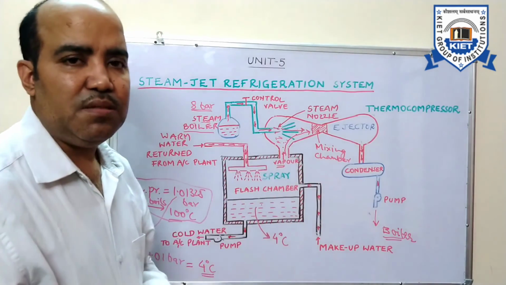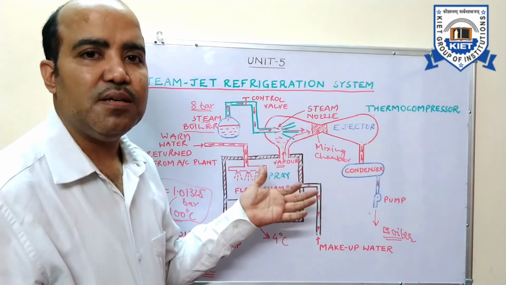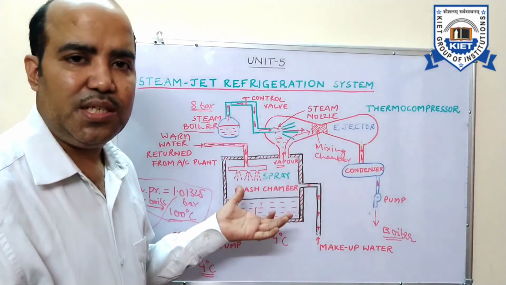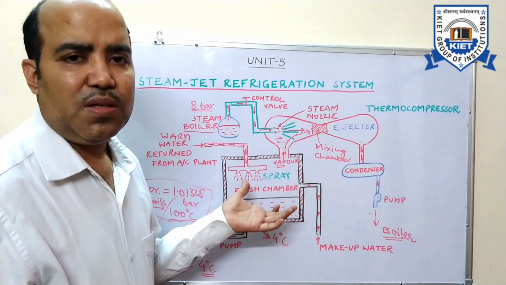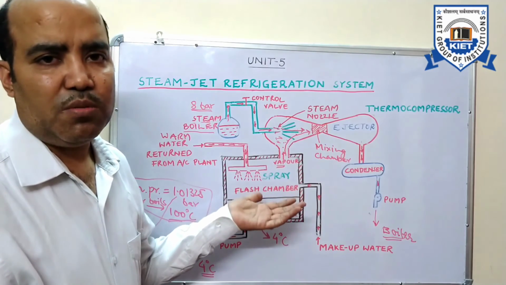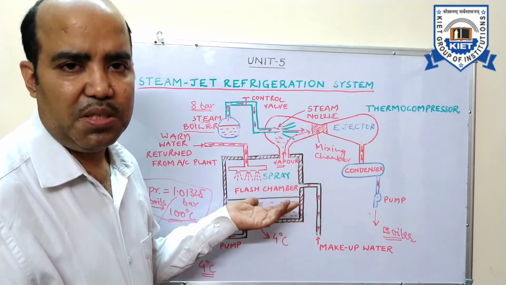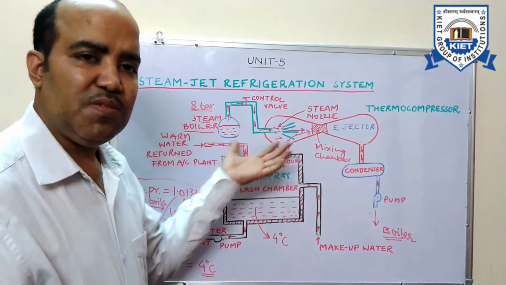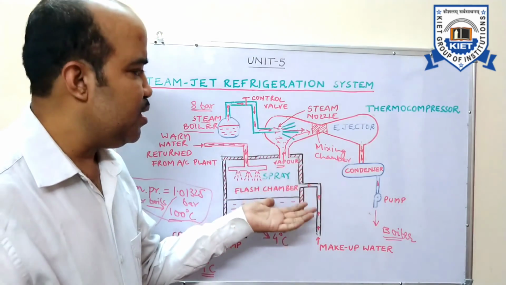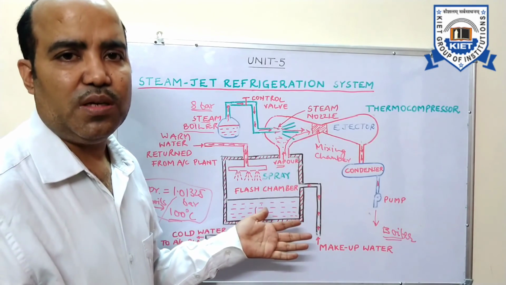Now this kind of system, as I told you, has some advantages: no mechanical part, water as the refrigerant, which is very safe, a totally reliable system, and no global warming or ozone depletion due to water as a refrigerant. Apart from that, a disadvantage is that we cannot go below 4 degrees Celsius.